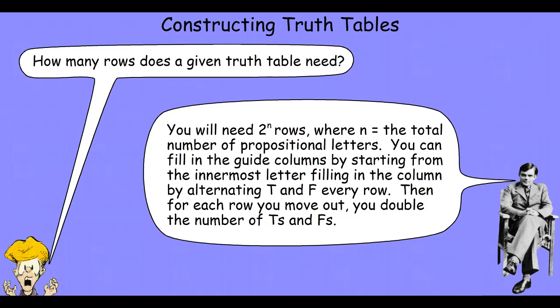Then we'll go to the next one and we'll double the numbers of trues and falses in the pattern. True, true, false, false, true, true, false, false. And we'll do that until we get to the end. And when we're done, our outside row, the top half true, the bottom half false. Our inside row, true, false, true, false, true, false. And then slowly every difference in between.